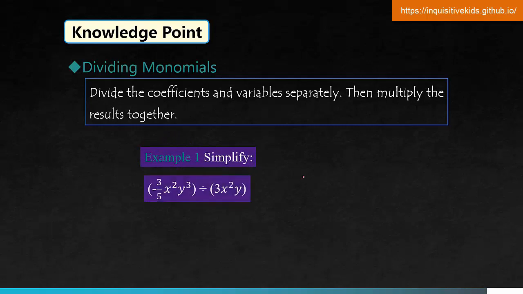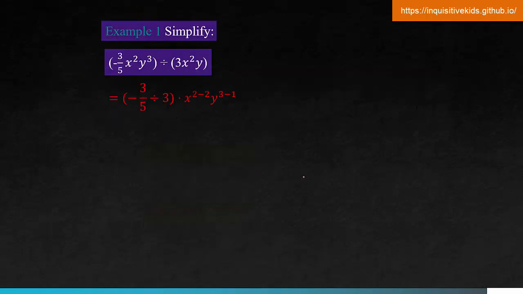I want you to simplify these two expressions. So for the first problem, we have negative 3/5 x squared y cubed divided by 3x squared y. So again, we rewrite this. Negative 3/5 x squared y cubed is written over 3x squared y.